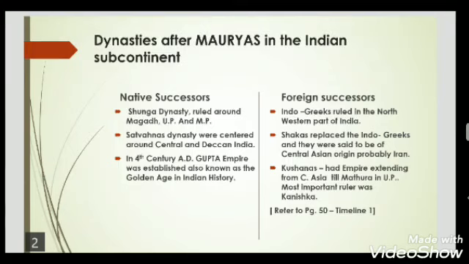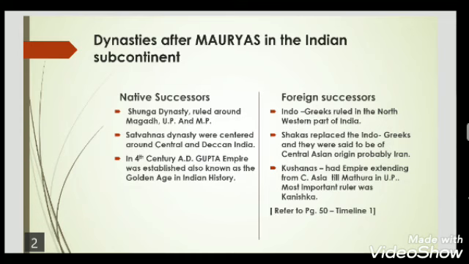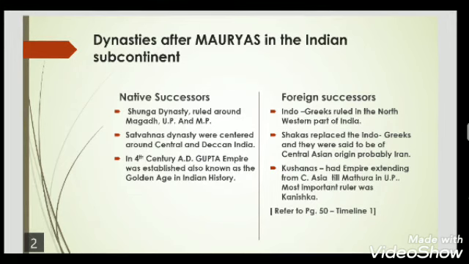This province would send its revenue to the Greek nation or Macedonia. But later on, this very province in the northwest declared its independence and became a separate kingdom known as the Indo-Greek kingdom, or the Indo-Greek dynasty, you can say.